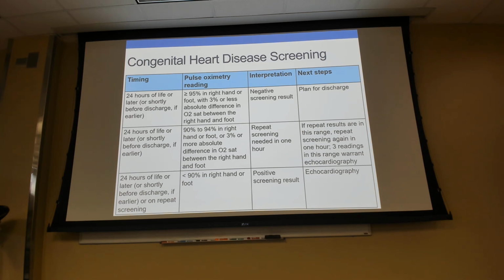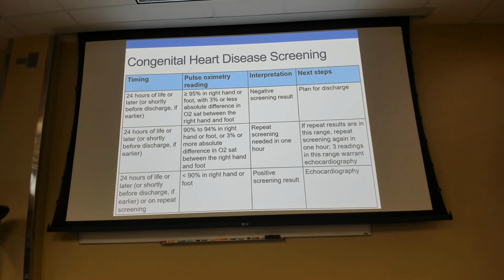Okay? So if you get less than 3% difference, so if you have a 97 and a 95, it's fine. If you have a 97 and a 92, not good. More than 3. Or if that right hand is a 92 and that left foot is an 86, right? That's no good.